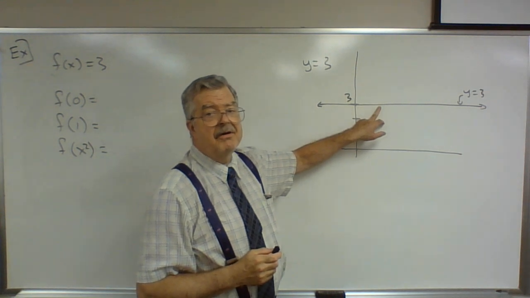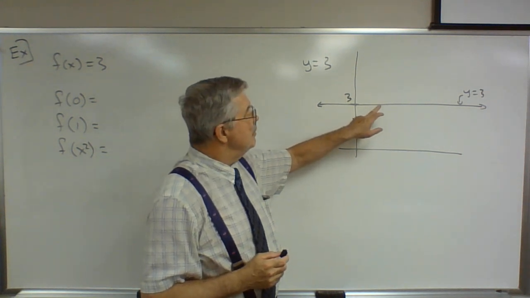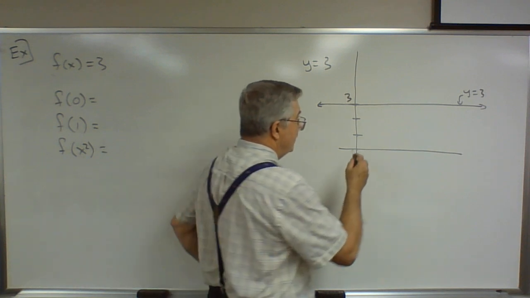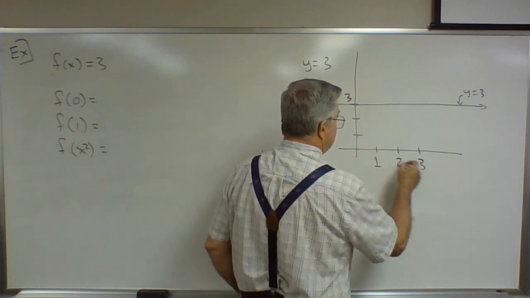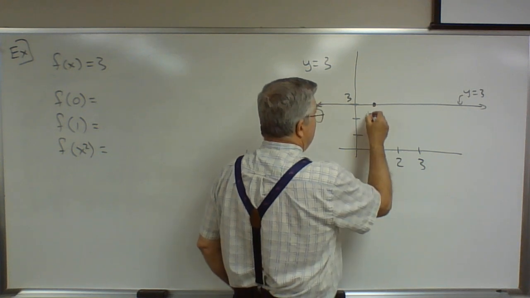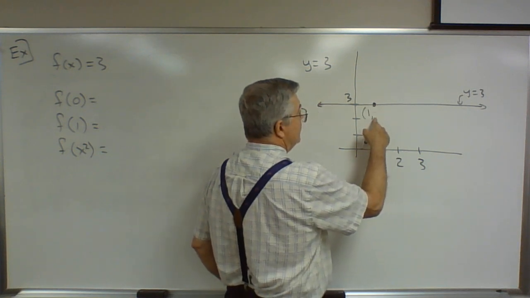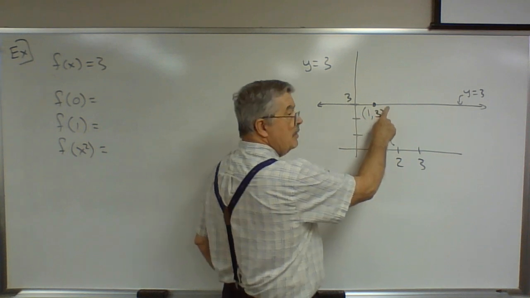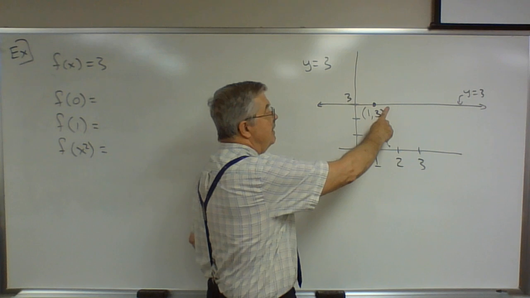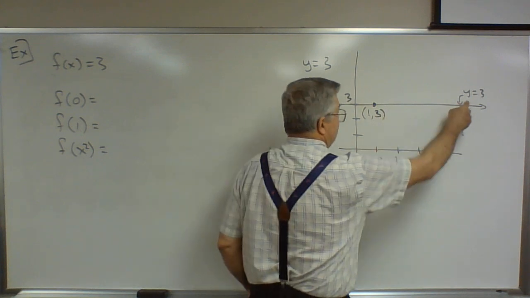Every point on the horizontal line has the same y coordinate. For example, let's say x is 1, or 2, or 3. X is 1. What's the y coordinate? Well, it's 3, because the y coordinate of every point on this line is 3.